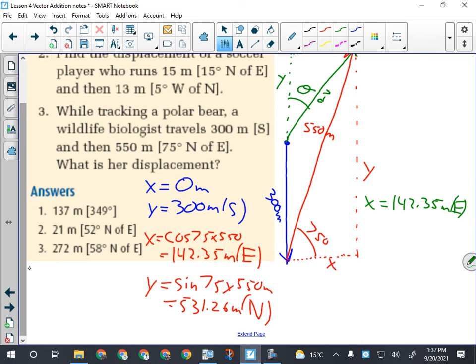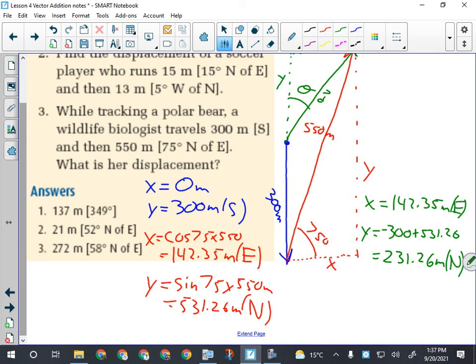Now, for the y I've got to do a little bit of work there. Okay, green y, we go 300 south, and then we go 531 north. Okay, so on this one here, I'm going to have negative 300 plus 531.26, which is going to give me 231.26 meters north.